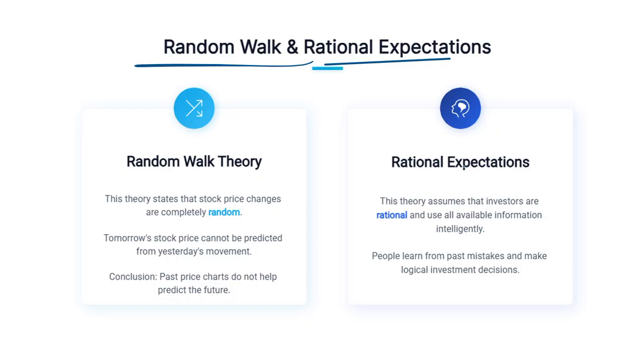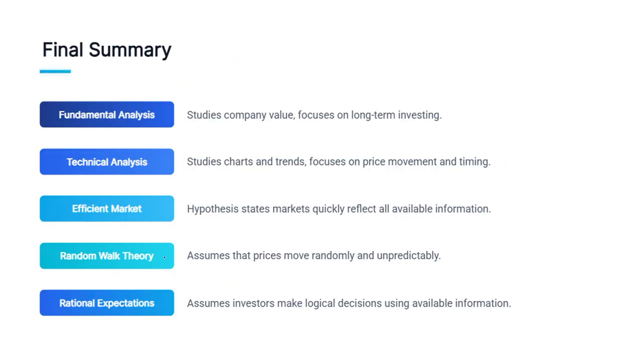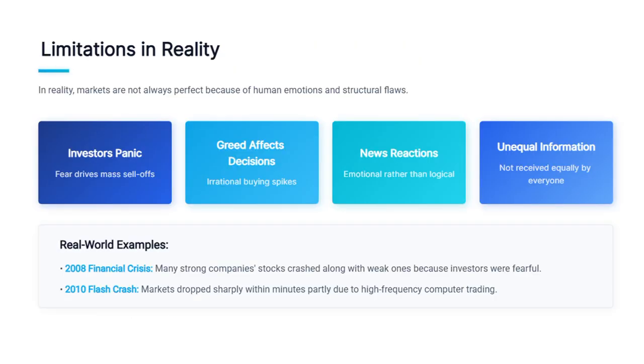And rational expectation says that investors use their knowledge and purchase the stock according to their intelligence and also their experience. Therefore, these theories say that technical analysis and fundamental analysis are not that effective.